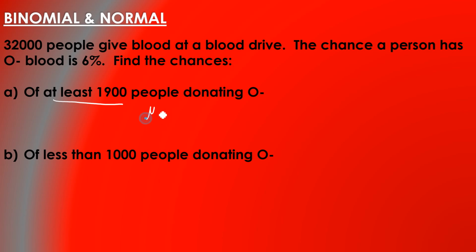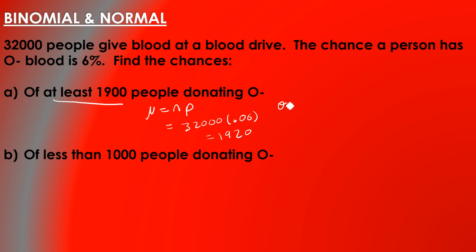Our mean is going to be NP. Our number of trials is 3,200, and our chance of success is 0.06, so 6%. When I type that into my calculator, I get 1920. This is actually a very good chance that this is going to work out.